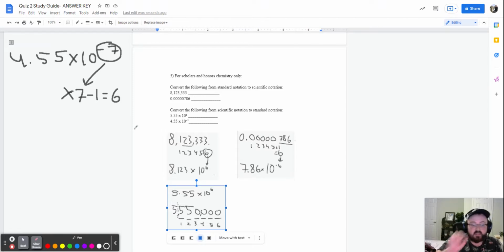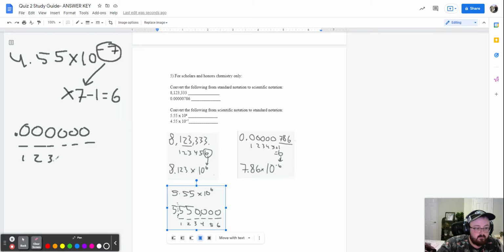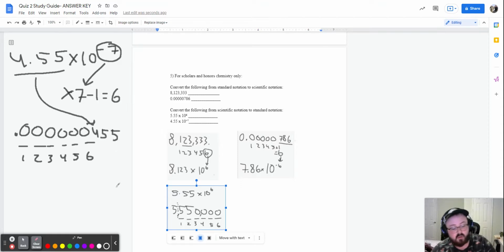This number, 6, is how many zeros you're going to have. So you put your decimal place. 1, 2, 3, 4, 5, 6. And then you draw out these numbers here without any decimal place. 4, 5, 5. And you are done. Simple, just like that.